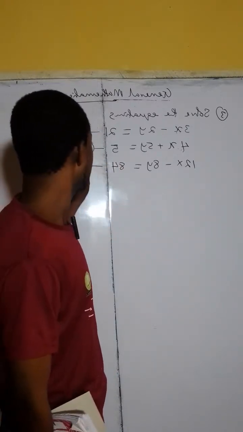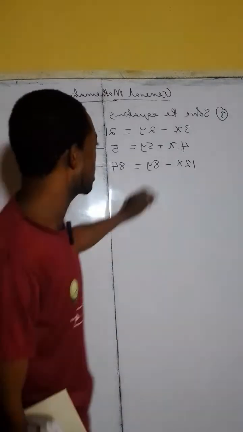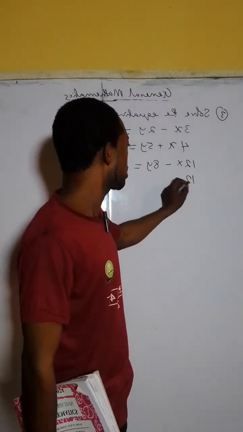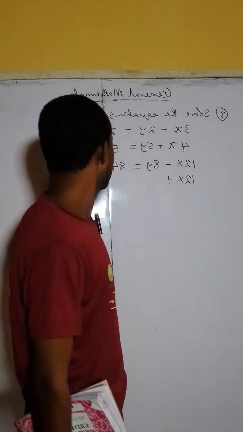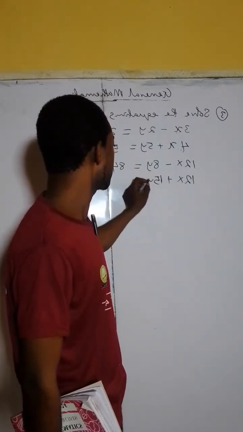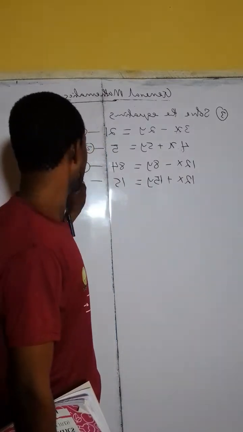You can label it as equation 3. Also multiply equation 2 by 3, and this becomes 12x as well, plus 3 times 5y, that's 15y, equals 3 times 5, that's 15. Label this as equation 4.